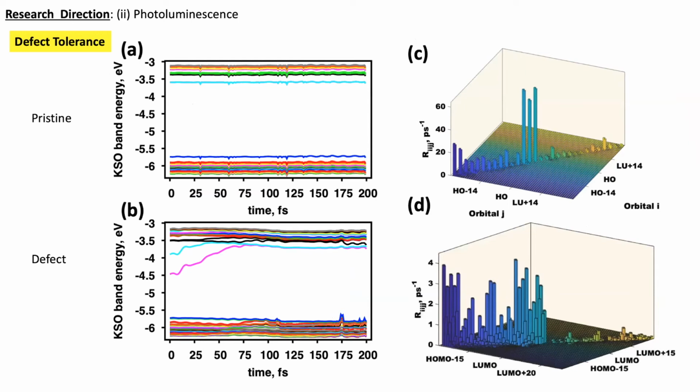For the pristine model, the high and low values are alternating, as typically happens in the non-collinear spin approach, and upon bringing in the defect, more and more states are involved in the transitions.